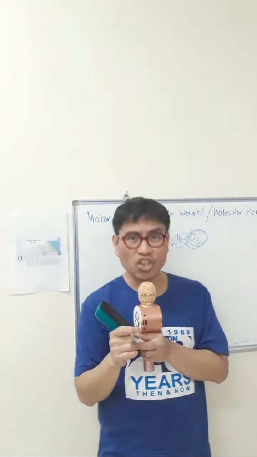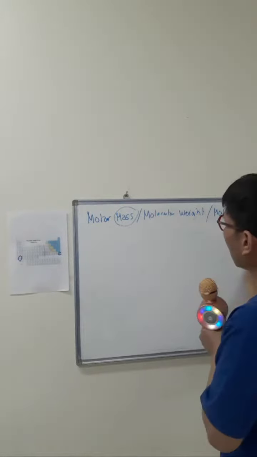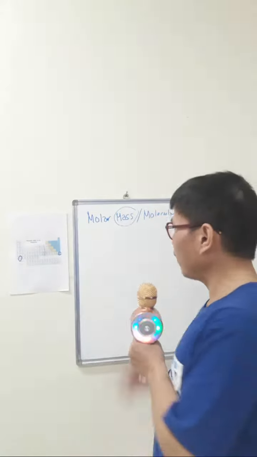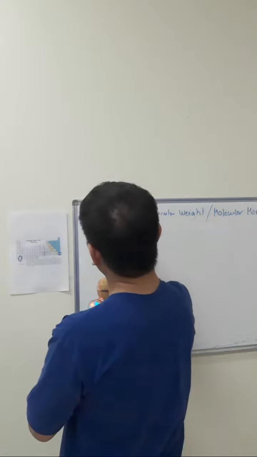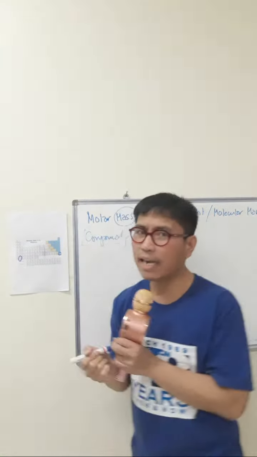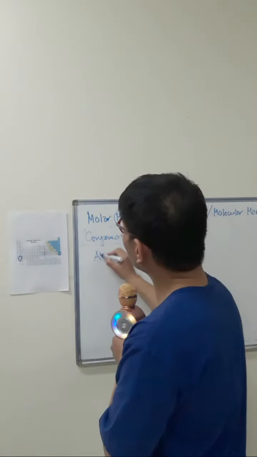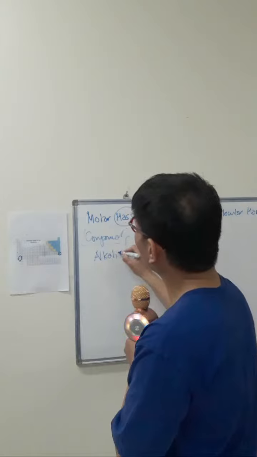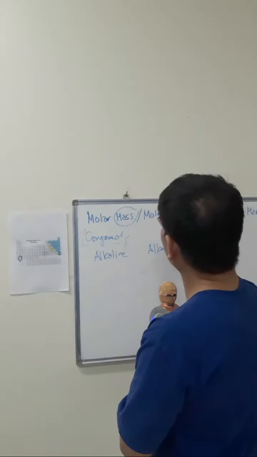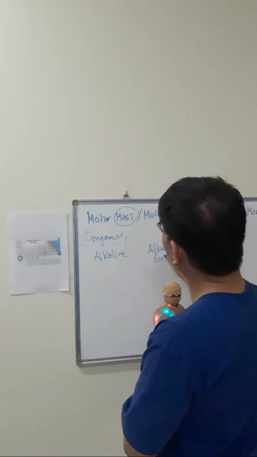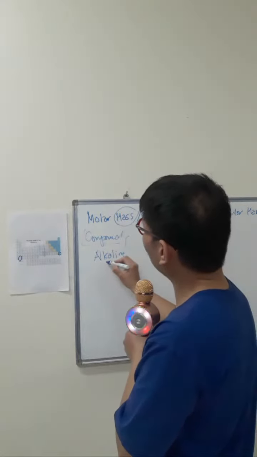So, for example, let's look at compounds. We will start with the alkali metals, and then the alkaline earth metals. Alkali is only group 1A.